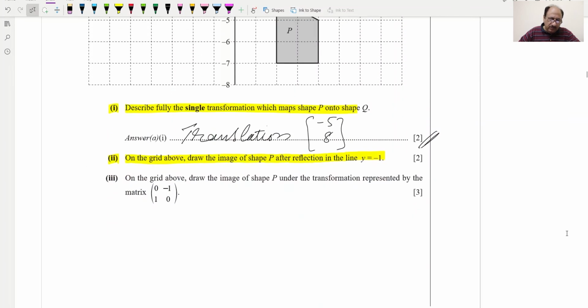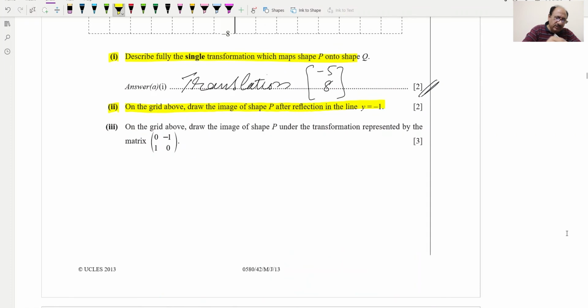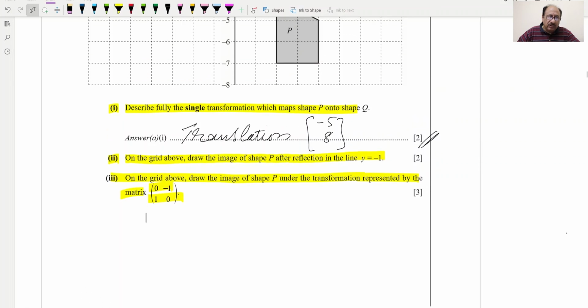Now this is done. Next is on the grid above, draw the image of shape P under the transformation represented by this matrix. So this will be a rotation.